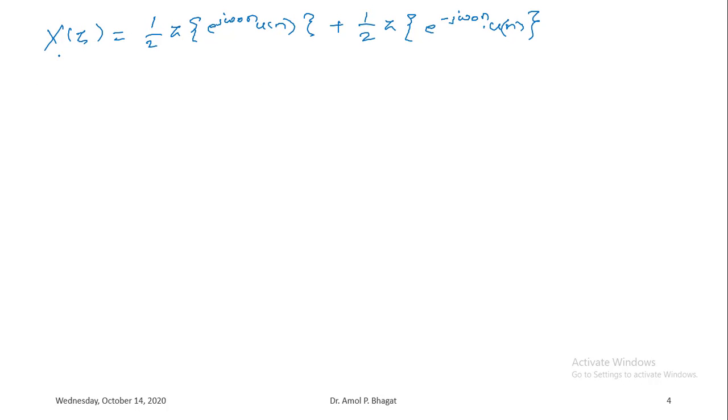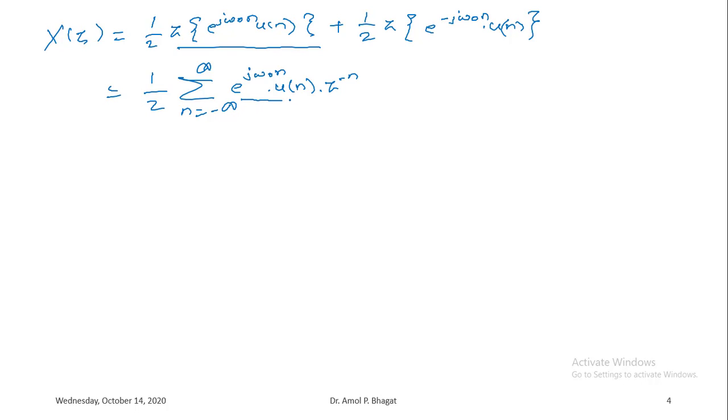As per the formula of Z transform, it will be 1 by 2 summation n equals minus infinity to infinity e to the power j omega 0 n into u of n into z to the power minus n. In place of the Z transform, we have substituted the Z transform formula.